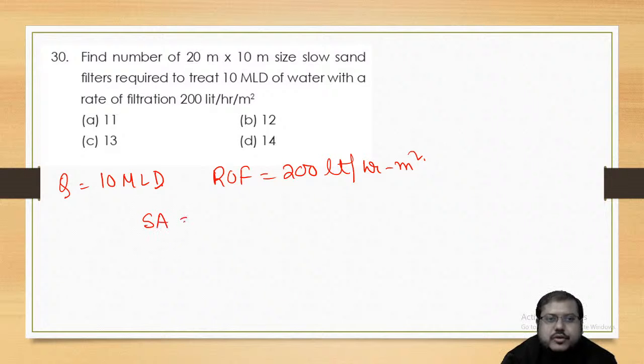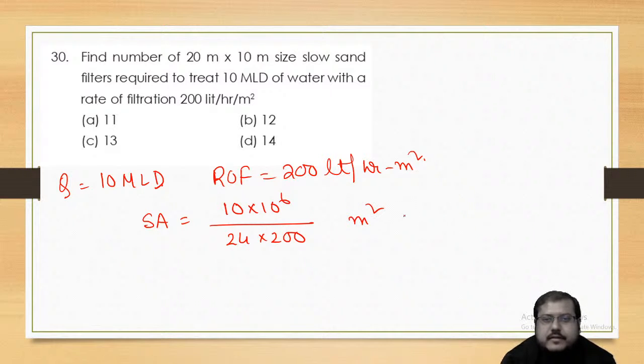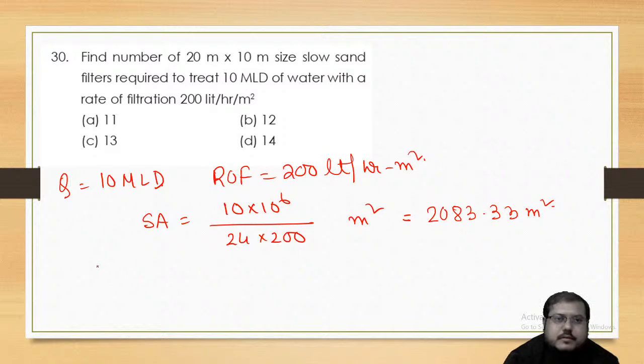So surface area total is 10 into 10 to the power 6 by 24 into 200 meter square. How much it will be? It's 2083.33 meter square.